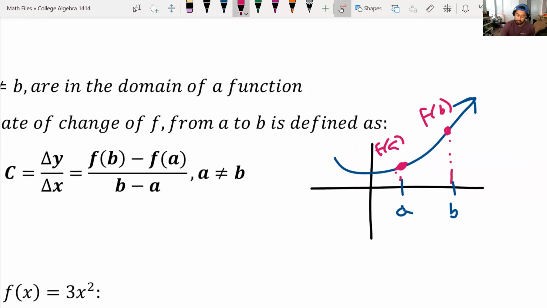All the average rate of change does is help us find the slope between these 2 points. We are looking for the slope or average rate of change. That's all it does. It finds the slope between 2 points.